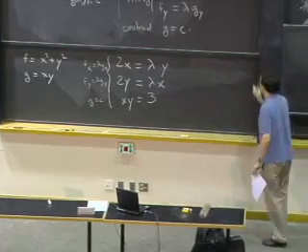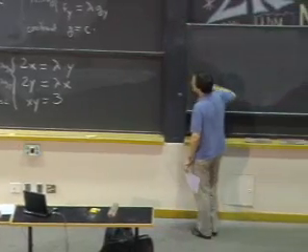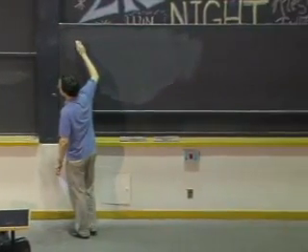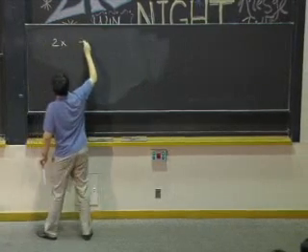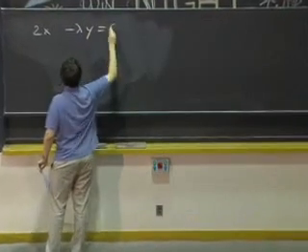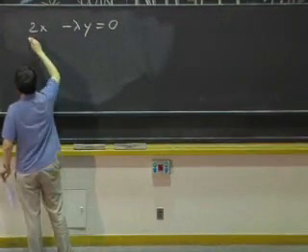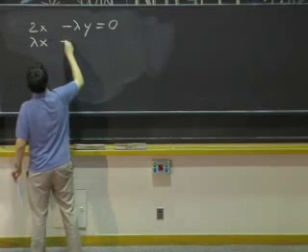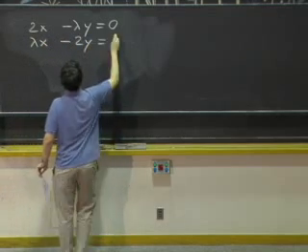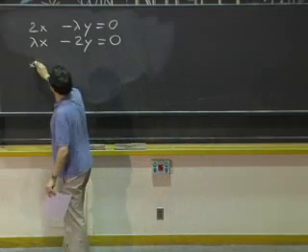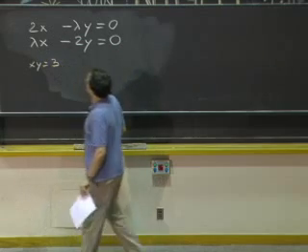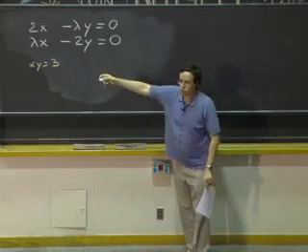Let me rewrite the first two equations as 2x minus lambda y equals 0, and lambda x minus 2y equals 0. And xy equals 3. That's what we want to solve.